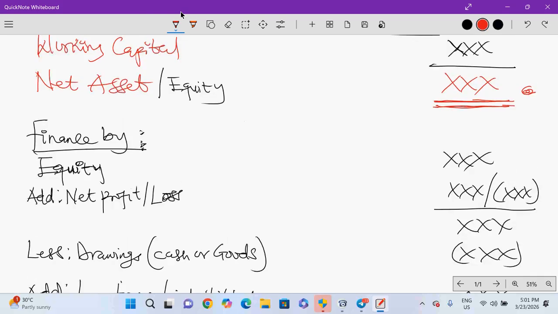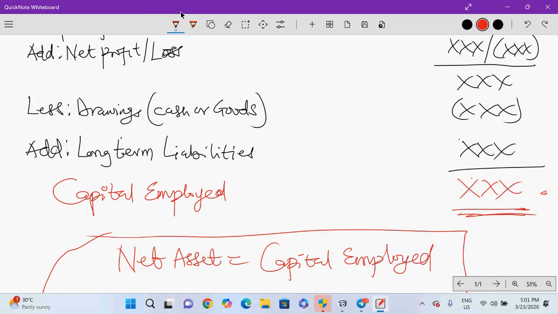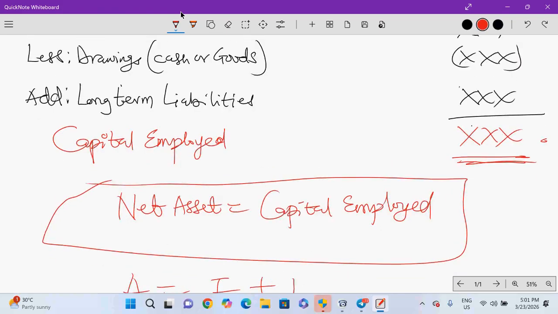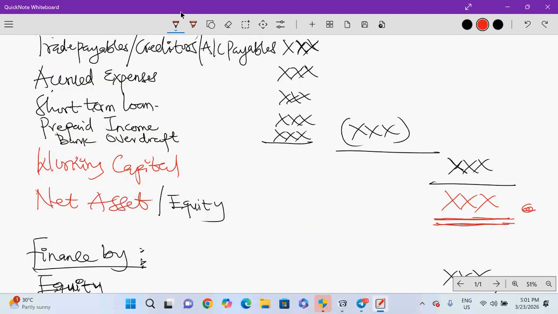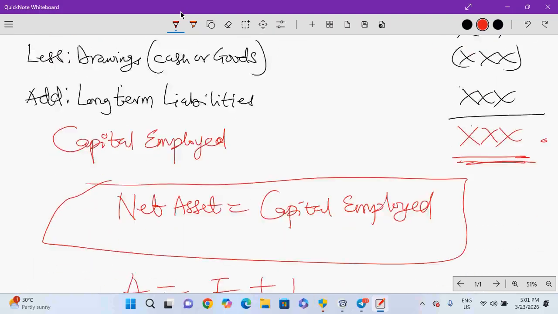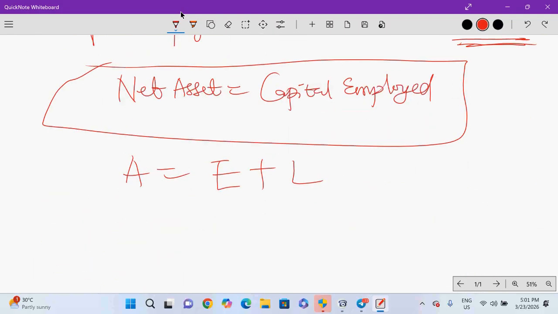Can you see the finance by having equity here, and its items? Then plus long-term liabilities, which is a liability. And you can also see the asset, which is the net asset. This asset is equal to the capital, equity plus the liability, which satisfies this equation, right?